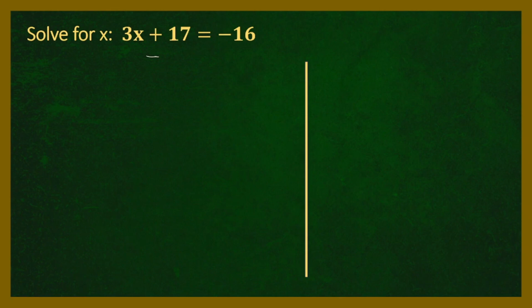So we're going to move 17 by subtracting it from both sides. On our left side, positive 17 minus 17 gives us 0, and then we'll just bring down our 3x.